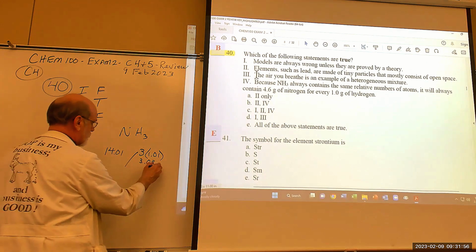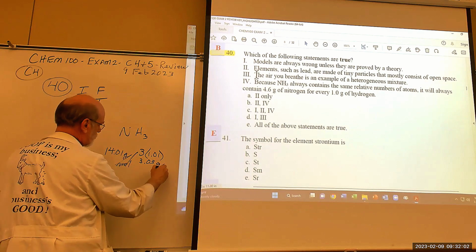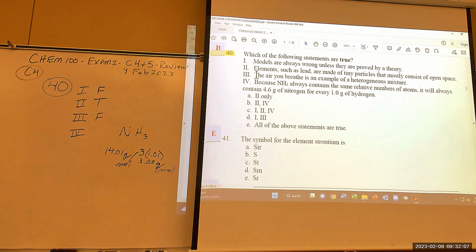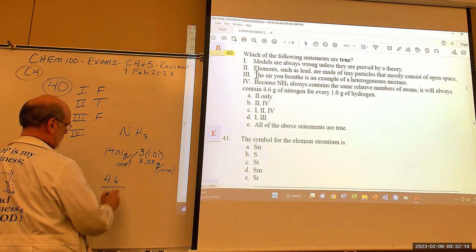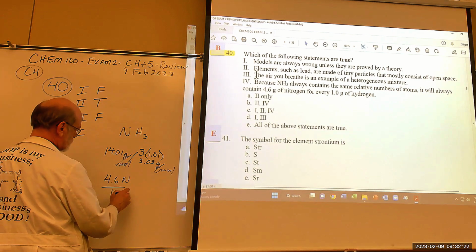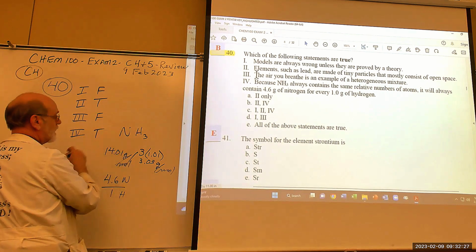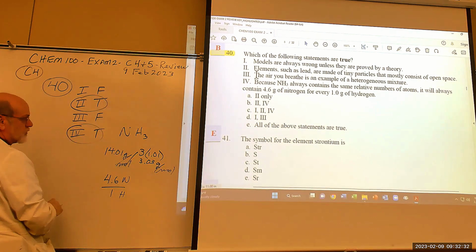This is 3 grams per mole. So if we divide 3.03 into 14.01, let's see if we get that ratio. Yep, 4.6, the same ratio, 4.6 to 1 is nitrogen to hydrogen. That's a true statement. So B is the answer. 4 and 2 are true.